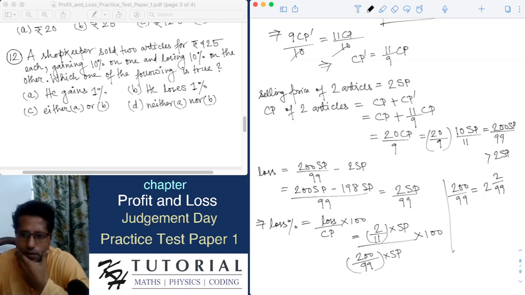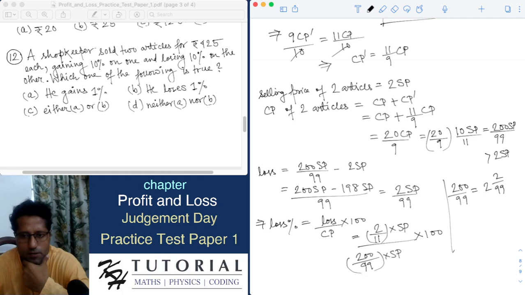The cost price of two articles is 20 by 9 CP, and CP is 10 by 11 SP. So this is 200 by 99 SP, which is greater than 2 SP. So loss is equal to cost price minus selling price, that is 200 SP by 99 minus 2 SP.